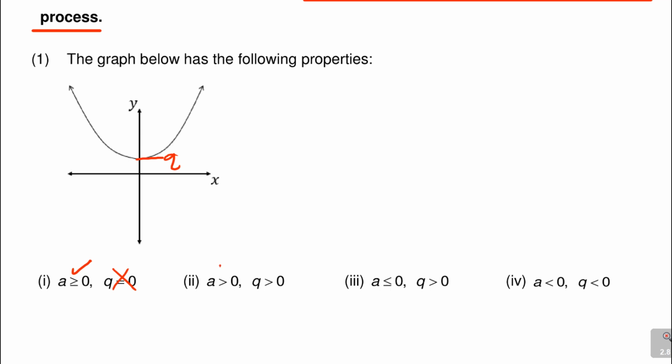A is greater than 0. Yes. So here the first one, as I say, is more like a question mark to put equal to. But the second one, Q, you can see here Q is on top, is greater than 0. So this one meets both conditions. A is less, no. Q is greater than, yes. A is less, no. Q is less, no. So here they say circle the correct one.